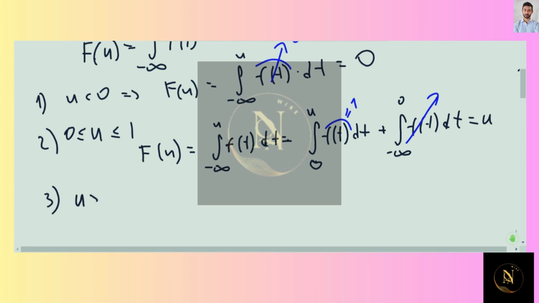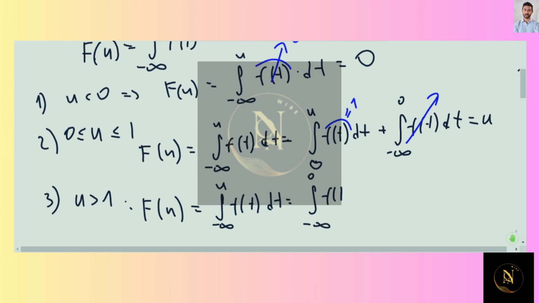And when u is above 1, again, we can calculate the cumulative distribution function the same way. Now we have to reduce it to the sum of three integrals. The first integral from minus infinity to 0, which is obviously 0, then plus the integral from 0 to 1, plus the integral from 1 to u.